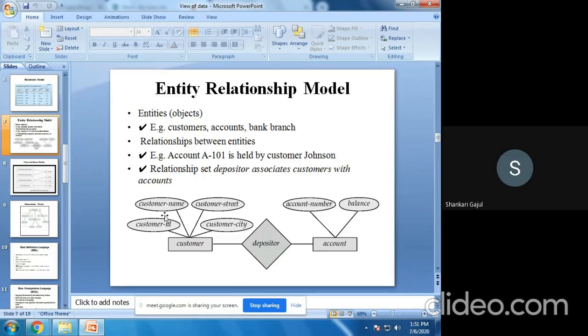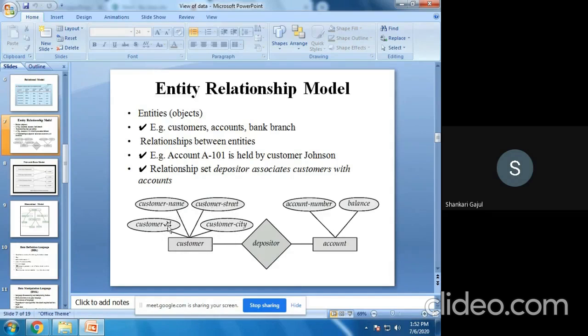The entity relationship model is the collection of basic objects and the relationships between these objects. See, in this diagram two entities are there. This is the customer entity, my customer object. This customer object has different column names, or record names: the customer ID, the name of the customer, where he is living, and the address of the customer.